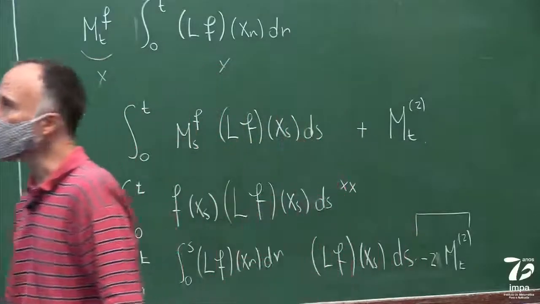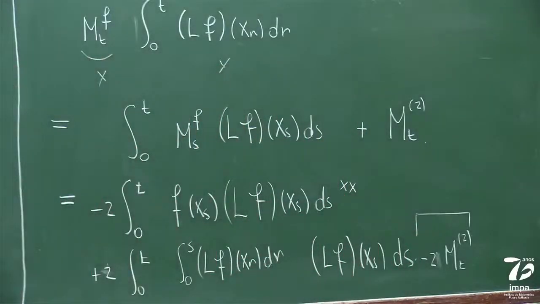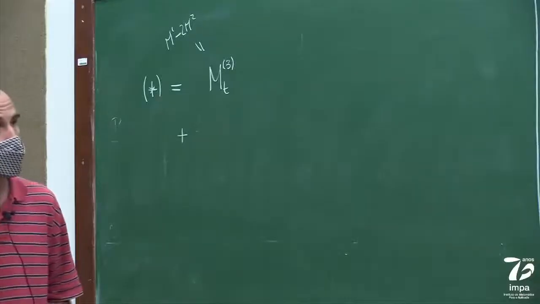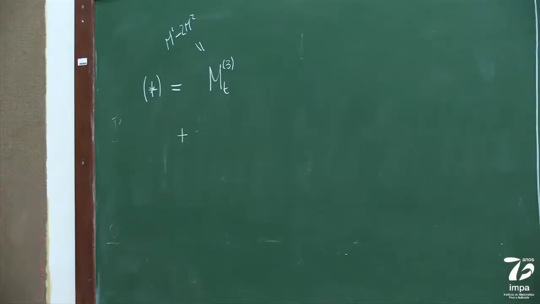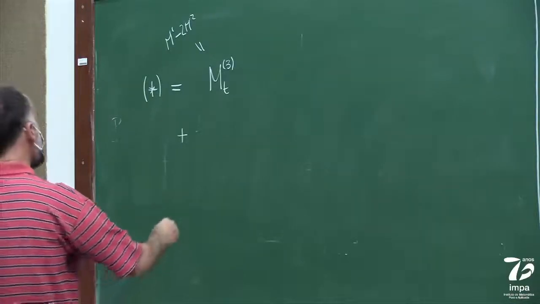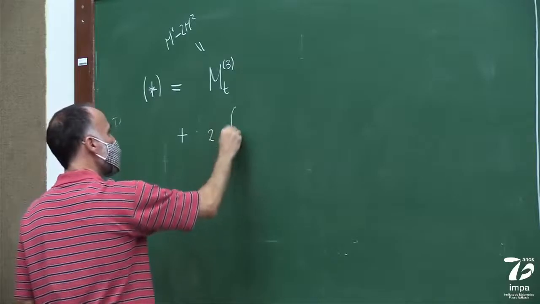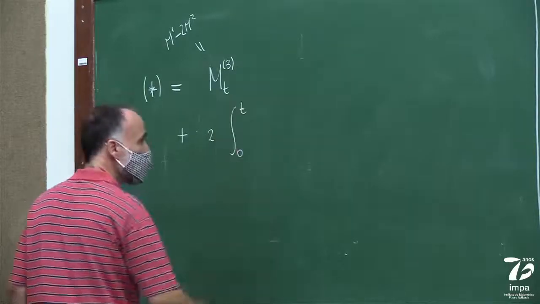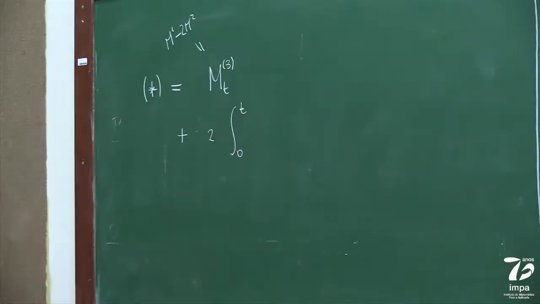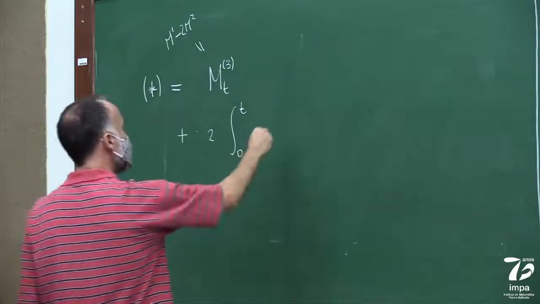Okay? So let's write this is equal to a martingale plus 2 times the integral from 0 to t, the integral from 0 to s.